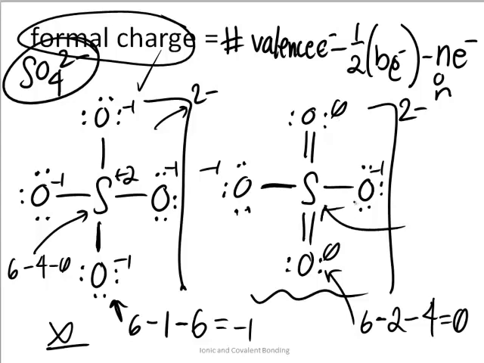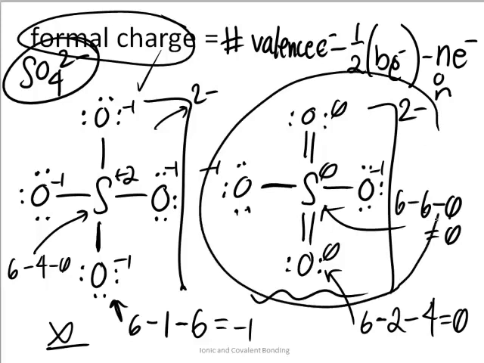And this sulfur, which is bonded in a different manner, has a formal charge of 6 minus 1/2 the bonded electrons. It has 12 bonding electrons, so 1/2 times 12 is 6, minus 0 non-bonding electrons, of course, gives us 0 as well. So 3 of the atoms in this configuration of sulfate have a 0 formal charge.